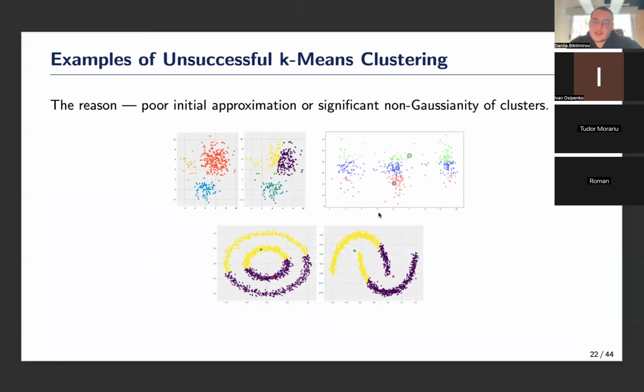Poor initialization splitting large clusters. On this image, imagine we have a data set with three well-defined clusters. Due to unlucky initialization, a centroid is placed inside an unrelated cluster.